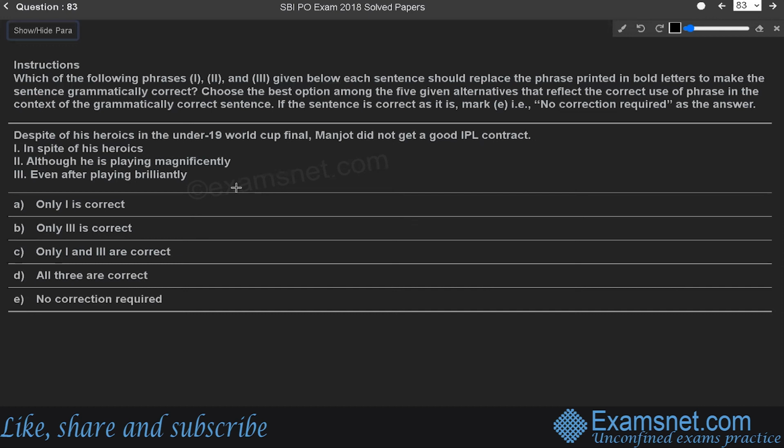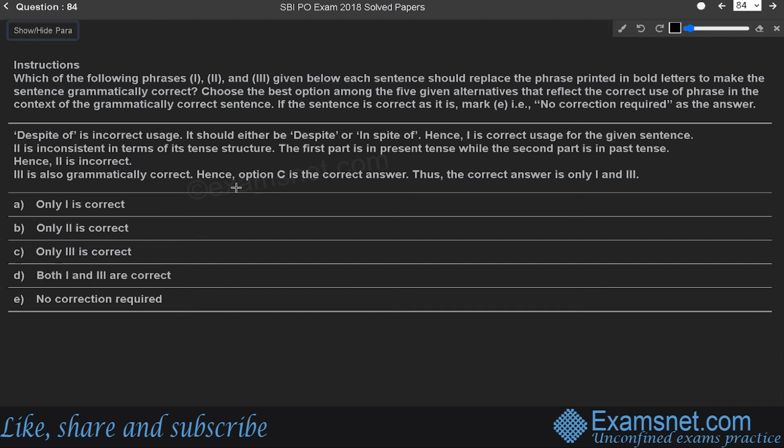The first part is in present tense while the second part is in past tense. Hence, second is incorrect. And third is also grammatically correct. Hence, we can say that option C is the correct answer. And thus, the correct answer is only 1 and 3 because the second one is incorrect. So, the correct option will be option number C here.